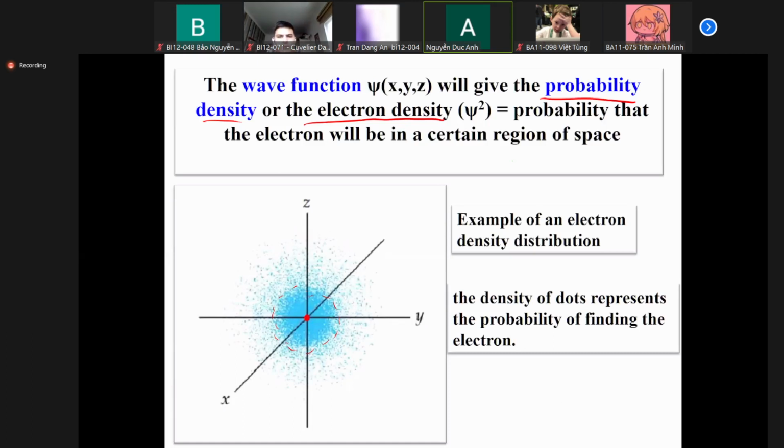So the wave function only gives you the information about the probability you can find that electron in one position or in one area around the nucleus. You see some parts, the density of the blue dots here, is higher than the others. So it means that the electron will be concentrated in these areas more than this area. That is the information from the wave function.